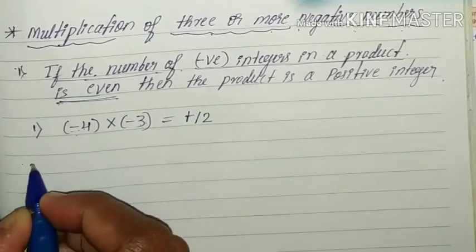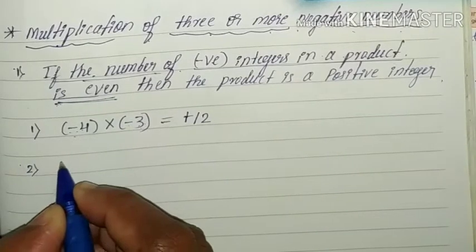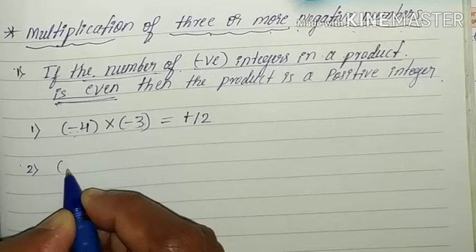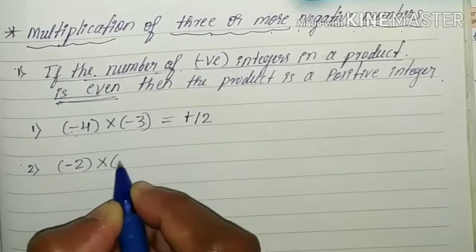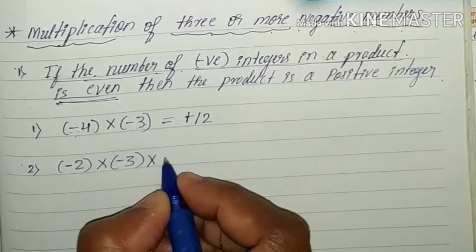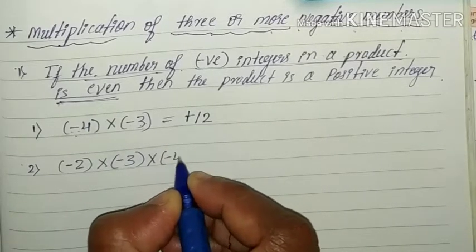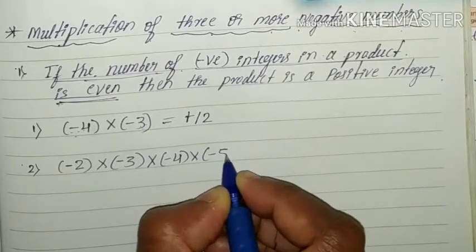So, for even numbers I will write, if the number of integers in the product is even, I will write an even set here. -2, -3, -4 into -5.